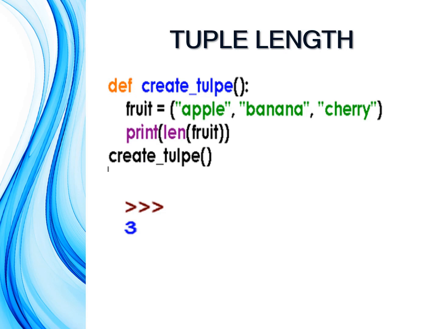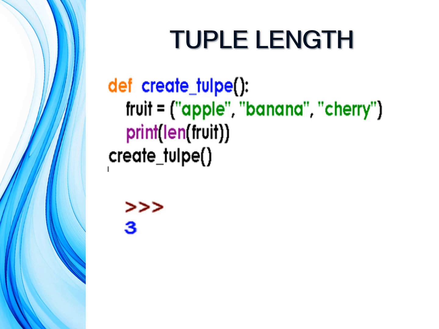In this example, we are going to find the length of the tuple, that is, the number of elements or items listed in the tuple. For that, we are going to use one of the predefined methods available in Python, the len method. When we give len of the tuple name, it gives us the number of items or elements present inside the tuple.